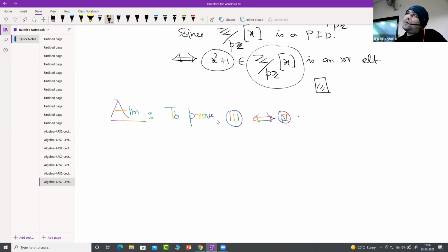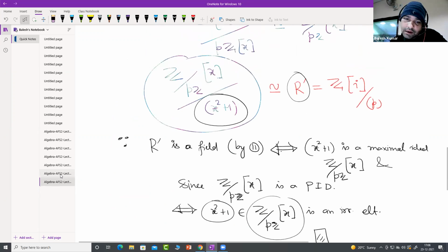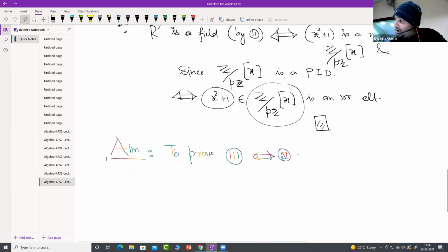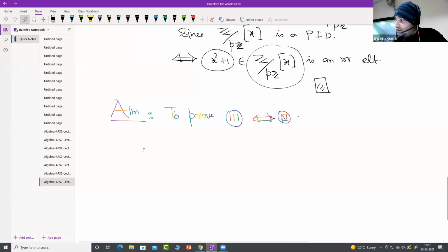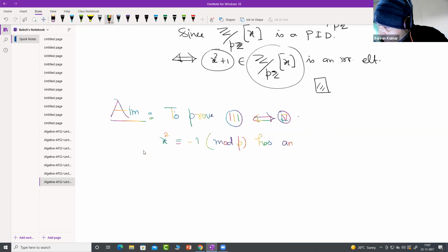That the polynomial x square plus 1 is reducible in Z mod pZ of x. And what we need to show is that this is equivalent to the prime p being equal to 2 or all primes p congruent to 1 mod 4. Now let us try to see this. What does 3 say? That x square is congruent to minus 1 mod p has an integer solution.